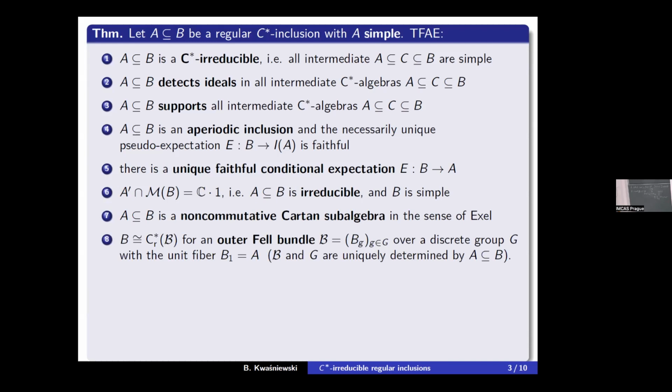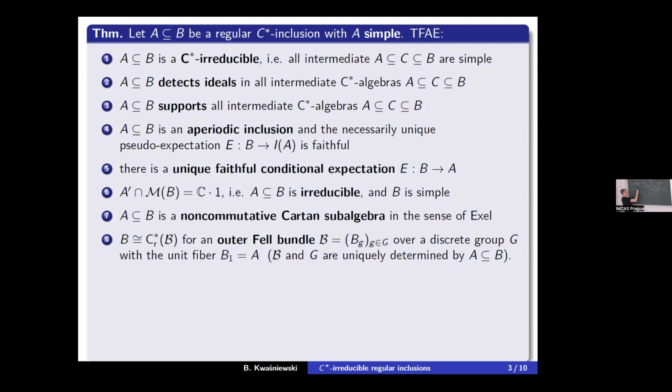This is an analog of the cross product; in fact, it is a generalization of it. And the Fell bundle and the group are determined uniquely by the inclusion. I should say a few words about Fell bundles. You don't need to know what a Fell bundle is to understand this.